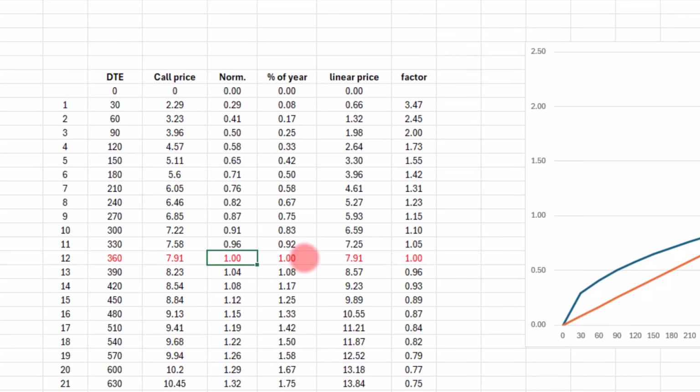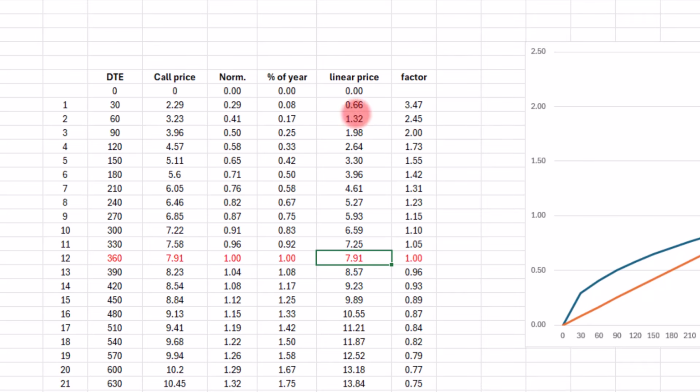So now here's where things start to get interesting. If we look at the linear price, and what we're doing here is saying that if a 1-year option is $7.91 and everything was scaled according to this, so in other words, if we have a 30-day option, if options were priced in a linear fashion, which they're not, but if they were, this option here would cost 1/12 of this one.